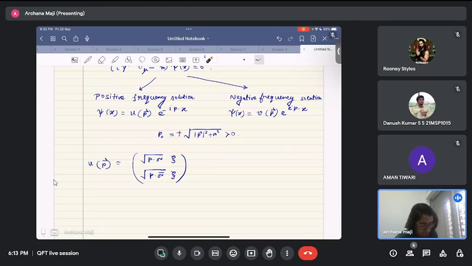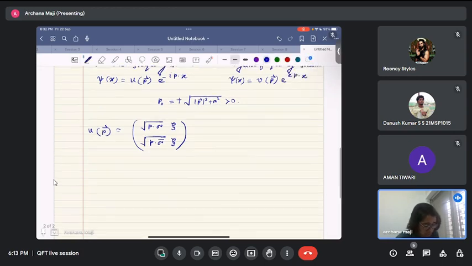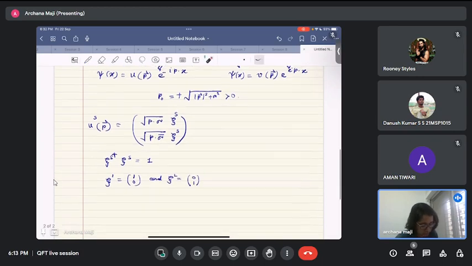Any 2 component spinor can be expanded as a linear combination of the basis (1, 0) and (0, 1), and we choose these basis vectors in such a way that xi dagger xi turns out to be 1. That means xi 1 is (1, 0) and xi 2 is (0, 1), so that this normalization property holds.